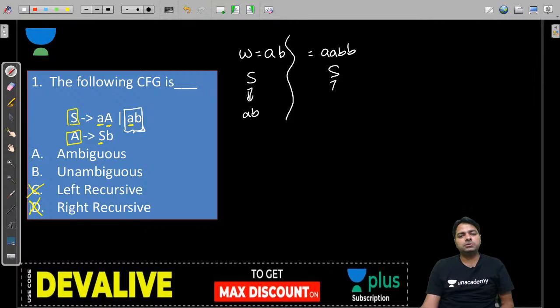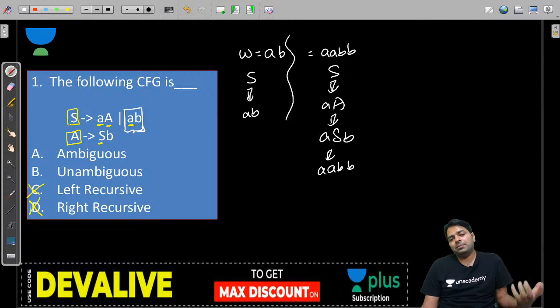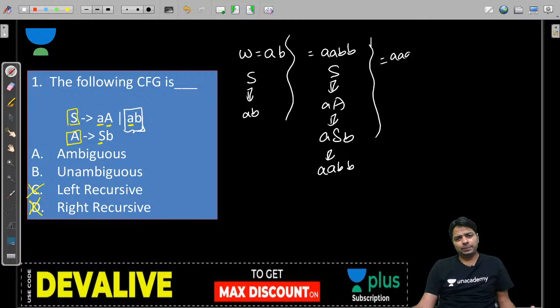That's only one option: S you have to substitute with AA, and A you can substitute with SB, and S you can replace again with AB. So this is the only one derivation you have, right? One parse, one LMD, one RMD. And if you go for AAABBB, you just require one more substitution, but you will have one parse tree for this. One derivation, one parse tree.